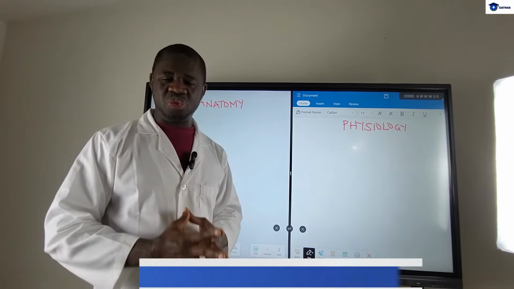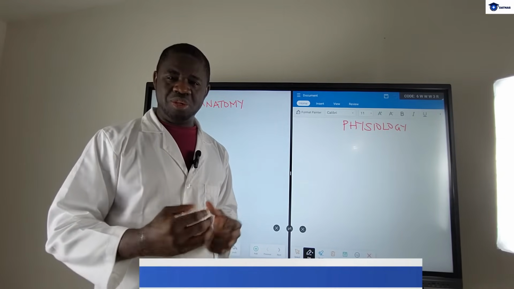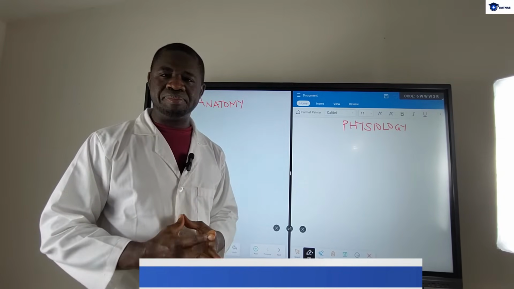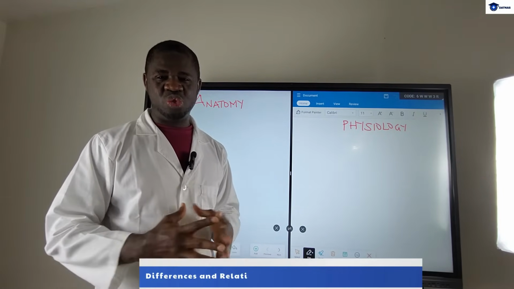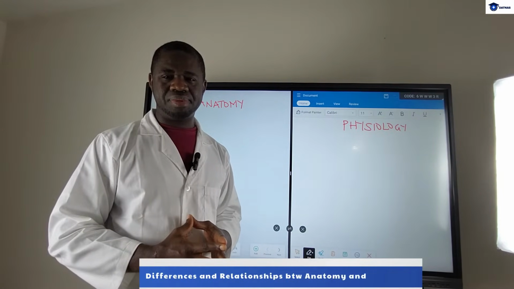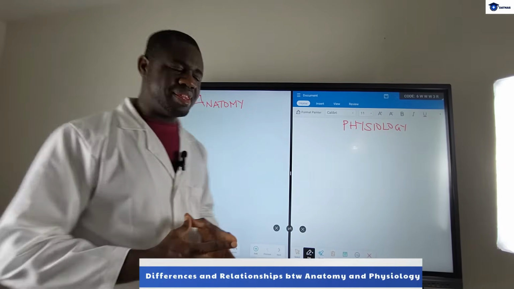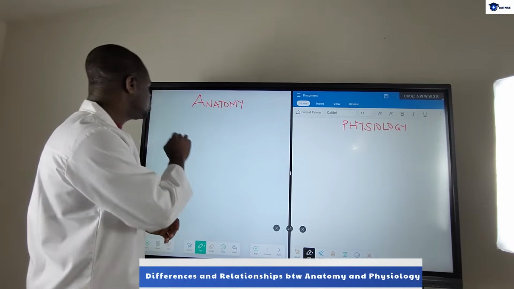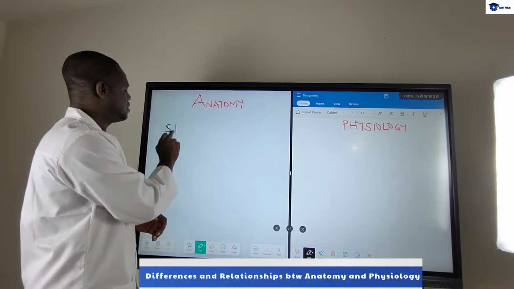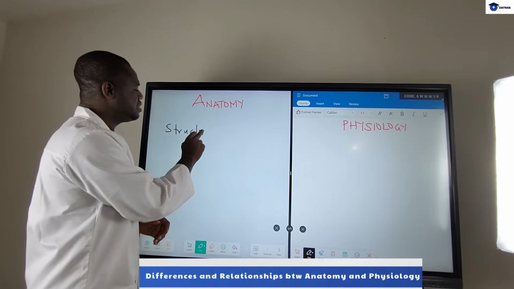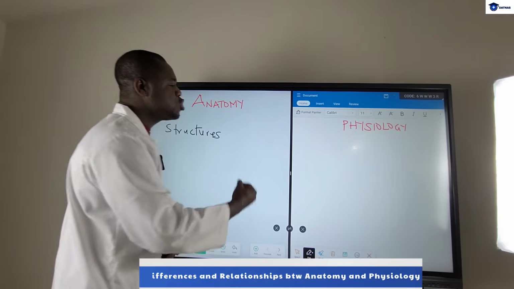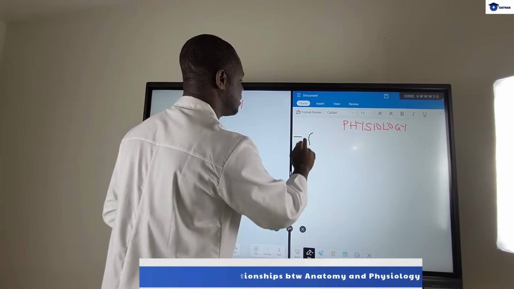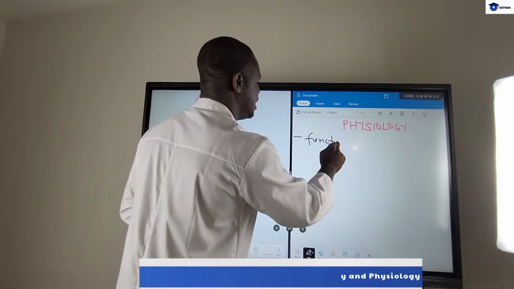How does anatomy relate to physiology, and how does physiology relate to anatomy? Like we said, anatomy deals with the structures in the body, and physiology deals with the functions in the body.